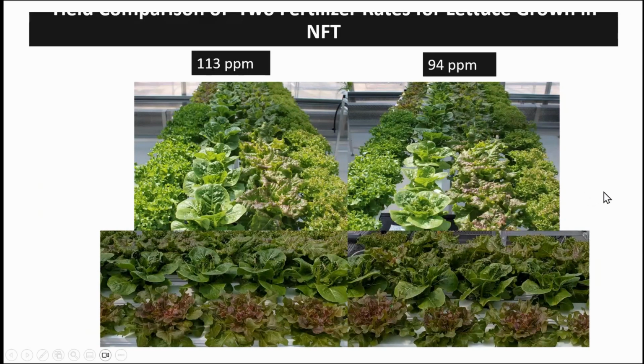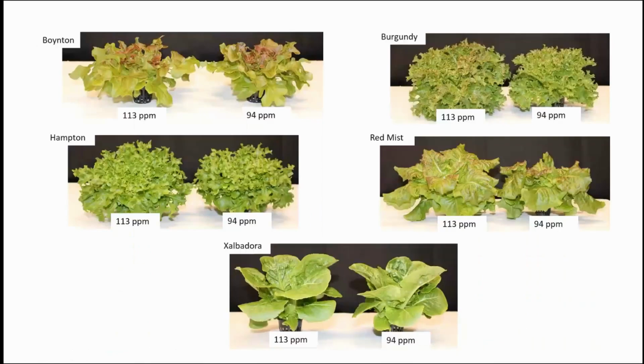And these are also pictures taken just before our harvest. If you look at the side view picture of our single plants, the difference can be more significant. So especially for a cultivar like Burgundy, you can learn that the lower nitrogen rate resulted in smaller plants compared to the 113 ppm nitrogen.